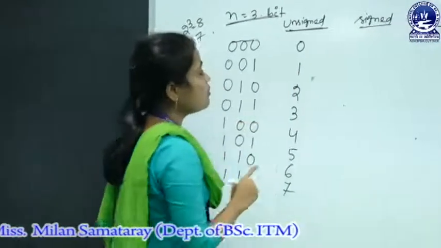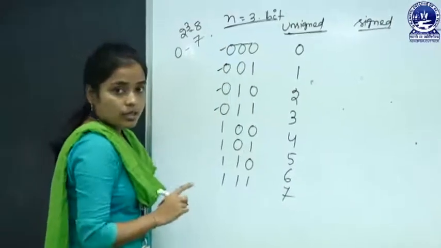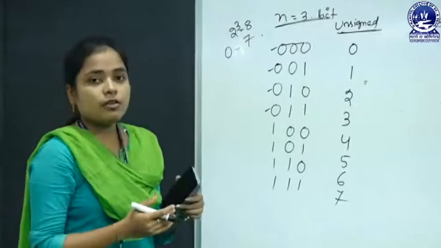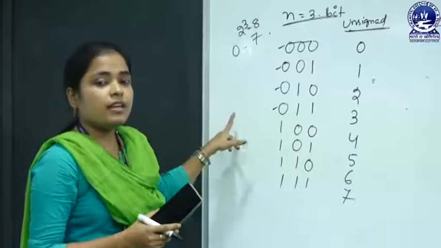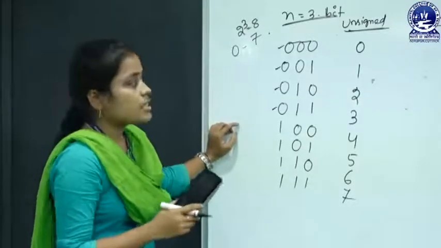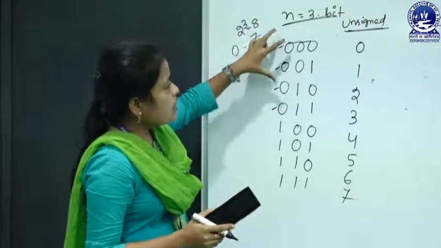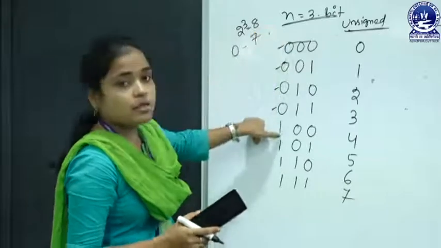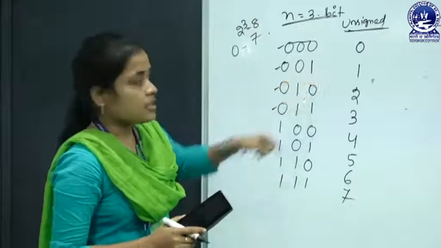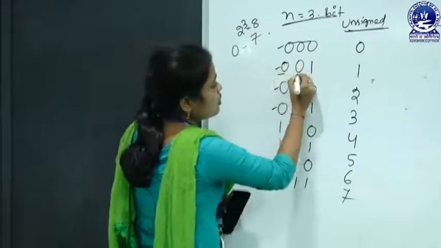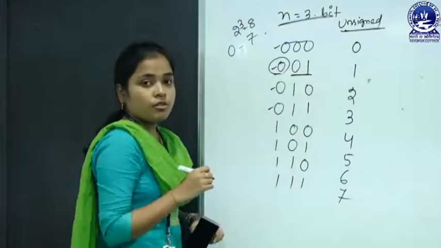And for signed, what will we do? The first bit is our sign bit. Okay. If a binary number is given to you and the question asks that you represent that binary value in its signed magnitude, then you have to consider the leftmost bit as the sign bit and the rest of the bits as the magnitude bits. That means for 001 this is the sign value and this is the magnitude value.